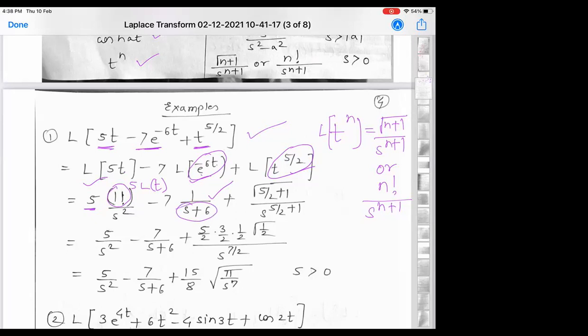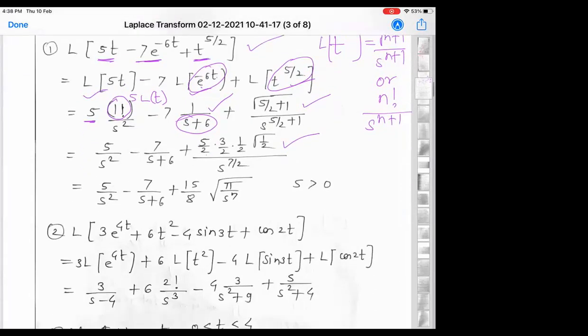And the third term is a fraction, just as we have done, gamma 5 by 2 plus 1 divided by s raised to 5 by 2 plus 1, which is written as 5 by 2, 3 by 2, 1 by 2 and gamma half upon s raised to 7 by 2. And that is simplified, so the final answer is a function of s, which we are getting in this form.